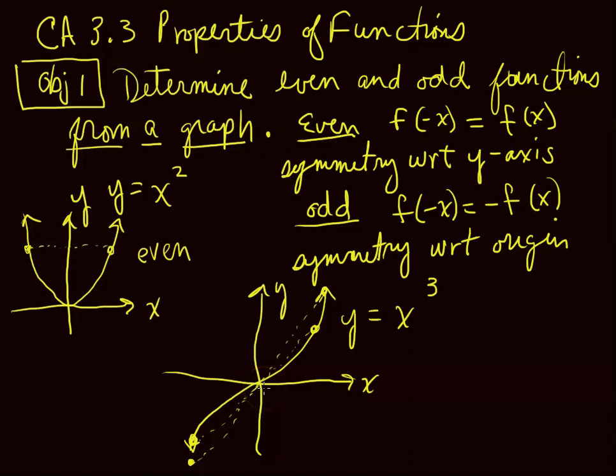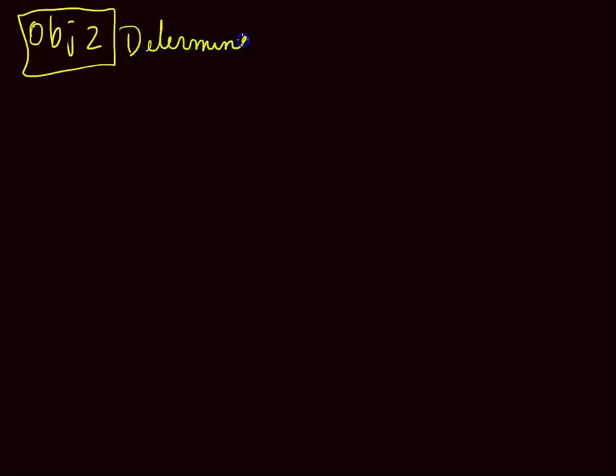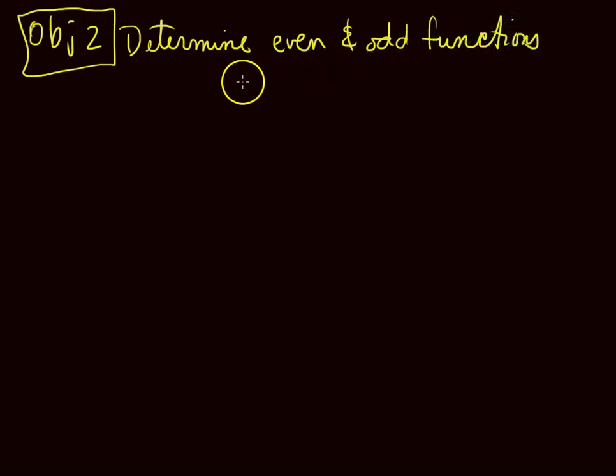So, what is objective 2? Yes, objective 2. It says the same thing. Determine even and odd functions, not from a graph, but from an equation.